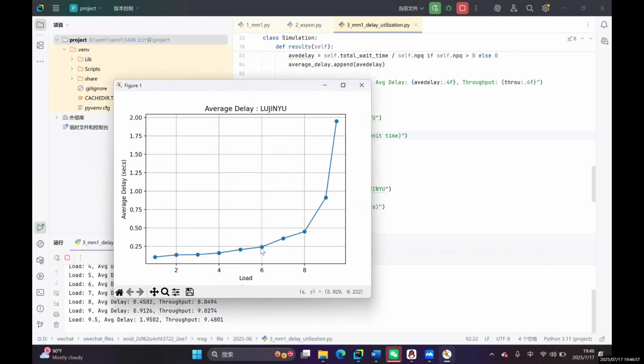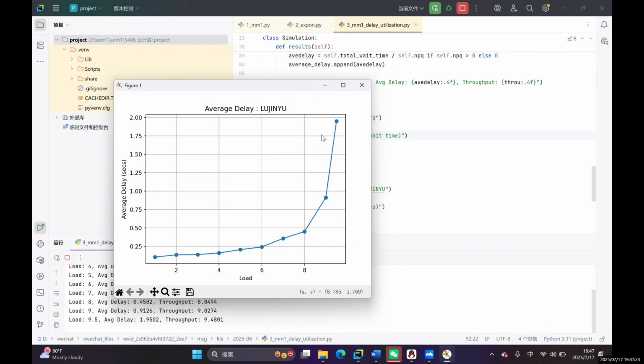From load 7 to 9, we can see a clear upward curve, meaning the delay starts increasing as system load grows. At load 9.5, the average delay spikes sharply, almost doubling compared to load 9, meaning the system is nearing congestion collapse.